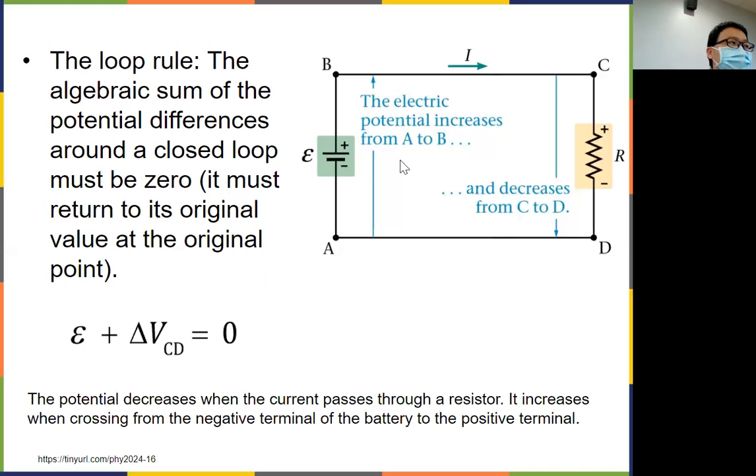Otherwise, potential decreases. If your loop goes in the same direction as the current going through a resistor, then the potential decreases. If your loop goes against the direction of current, then the potential increases. When you return to the initial starting point, you should get a change in potential equal to 0.